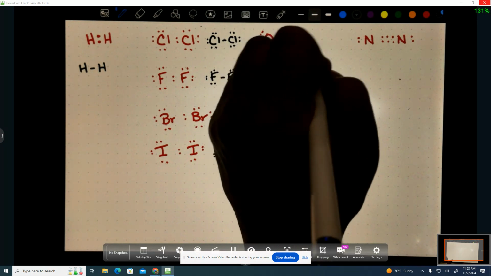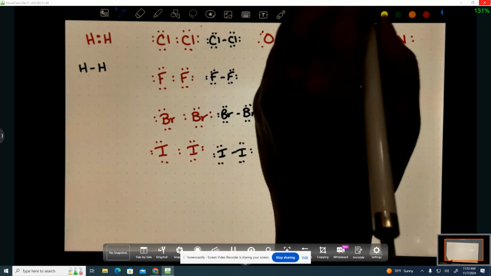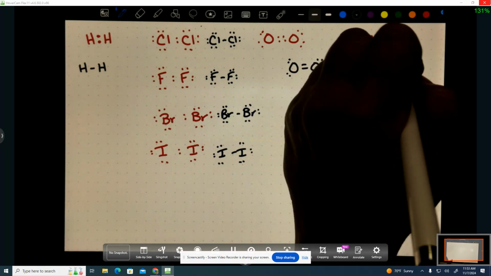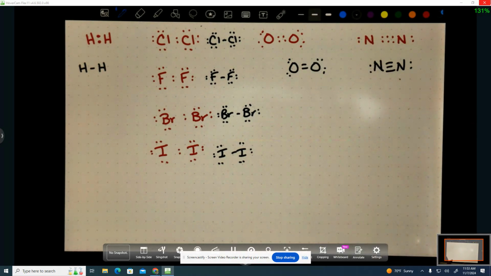And oxygen would have a double covalent bond. And nitrogen would have a triple covalent bond. So that's just a recap. Any questions on them? Good. Moving on. Let's go to water.